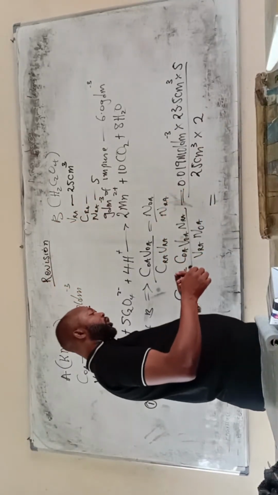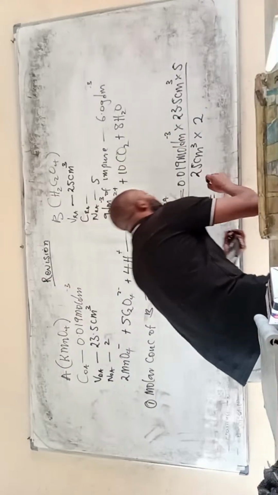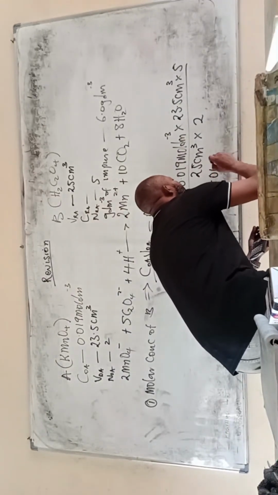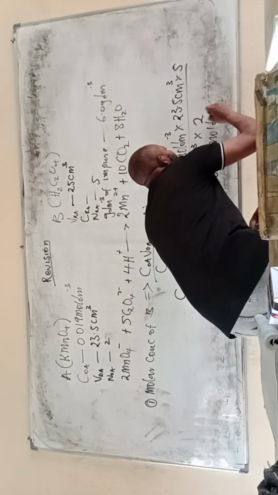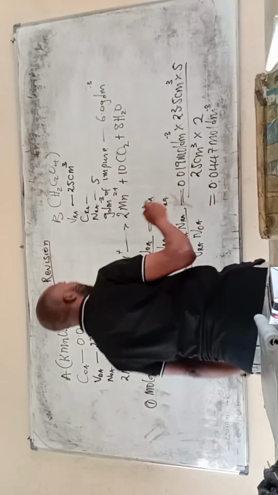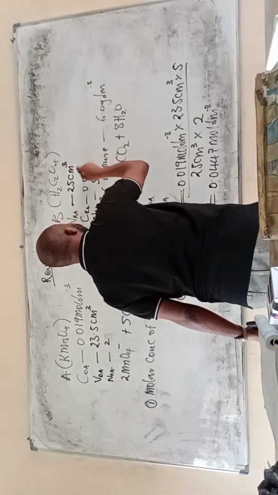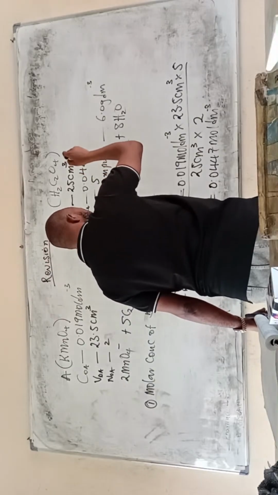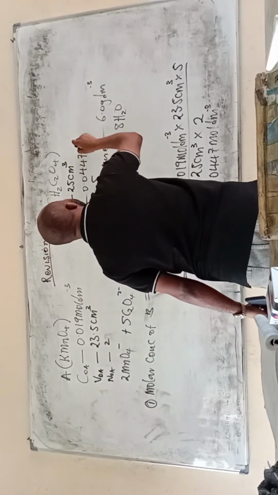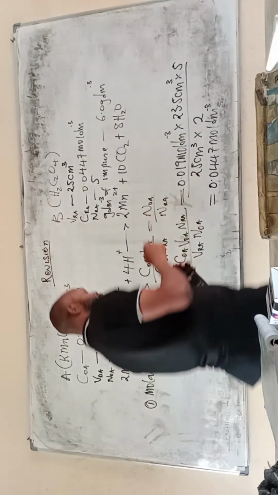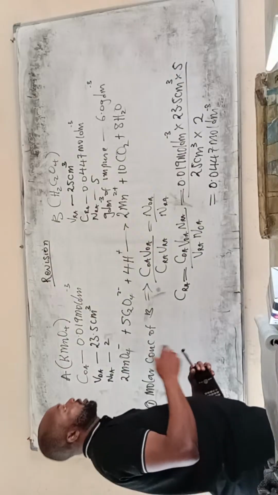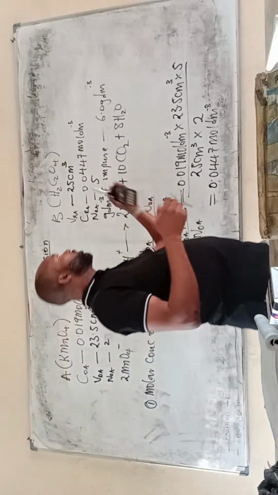So we have 0.0447 mole per dm³. I come back here and write 0.0447 mole per dm³. So now I have the molar concentration of the reducing agent.